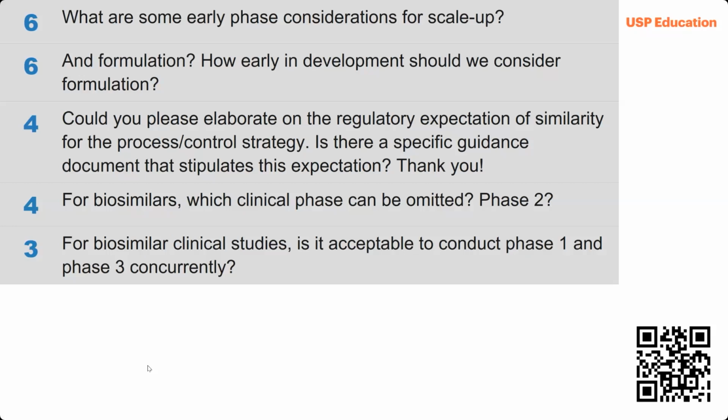So you want to get to it as early as possible, but it would be prudent to wait until you have that agent at a level where it is essentially representative of the reference. Then go ahead and start the formulation and deal with the variations in process conditions that a formulation has.